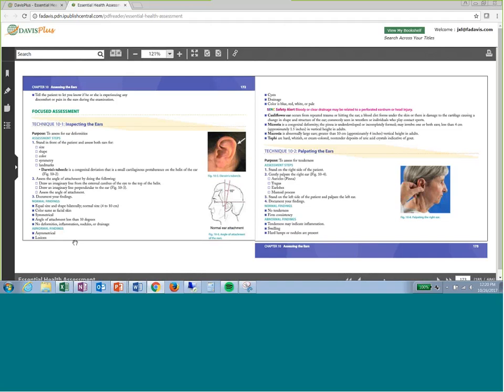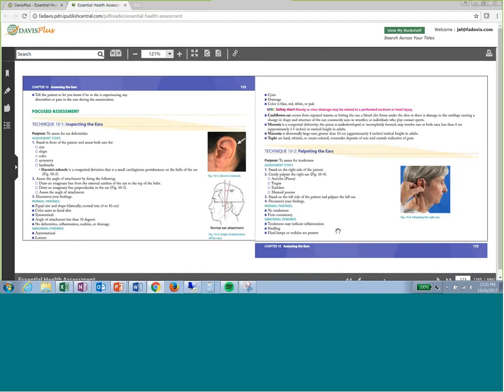But again, there are so many abnormals that are possible sometimes that students get overwhelmed. So what we want to do is focus their attention on normal and normal variance, and then mention abnormals just to make sure that they understand what the differences are, but we want to focus their attention on normal and normal variance.